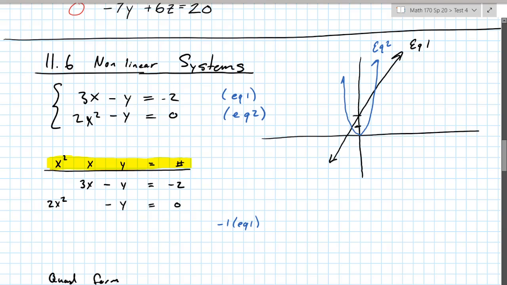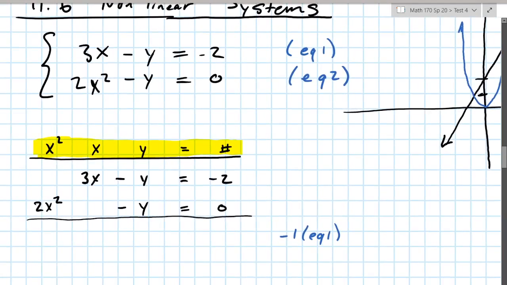So the first equation has x's but no x squareds, y's, and numbers. The second equation has x squareds but no x's, y's, and numbers. What we want to do is eliminate the y term here.